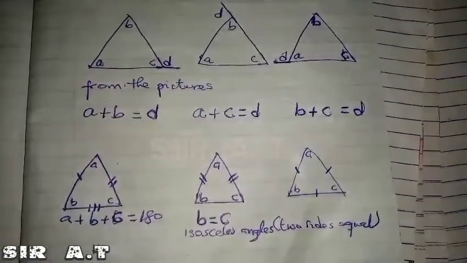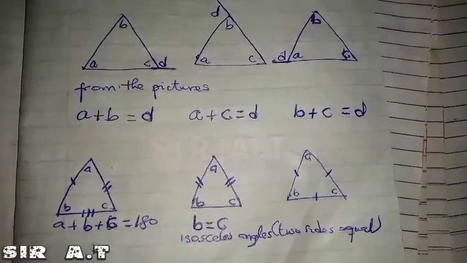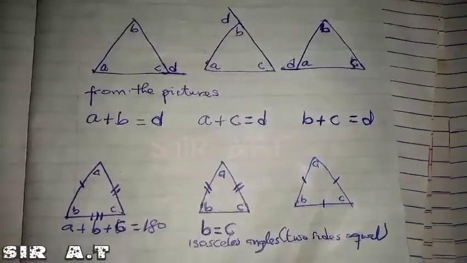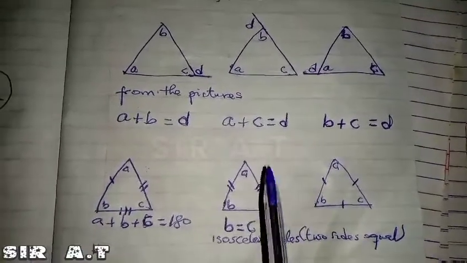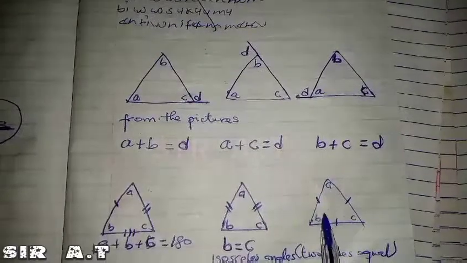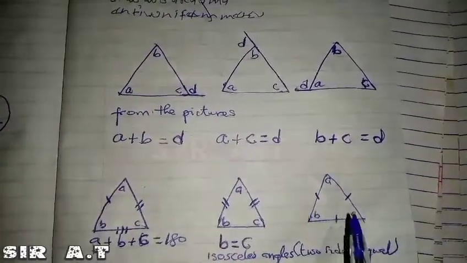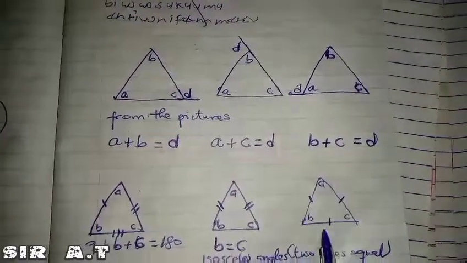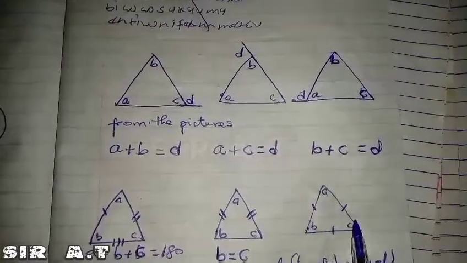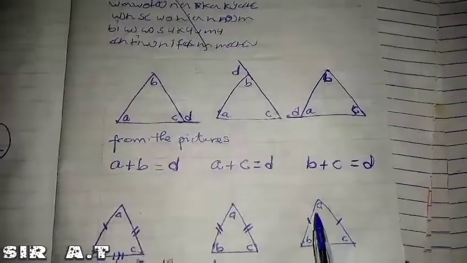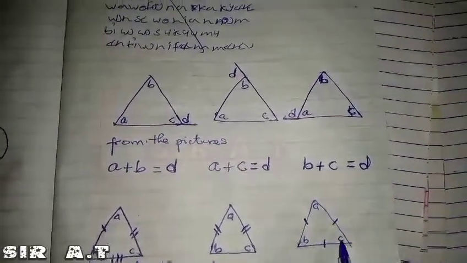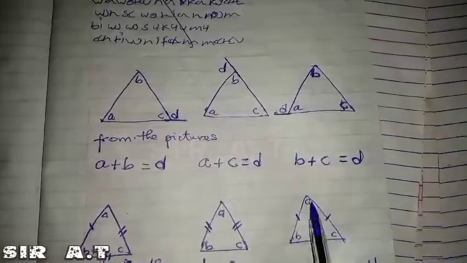Okay, so we are going to look at these shapes. That is triangles. Now we have triangles that have equal sides. So this is an equilateral triangle. All sides are equal, meaning the angles are also equal. So the sum of interior angles of a triangle is equal to 180.